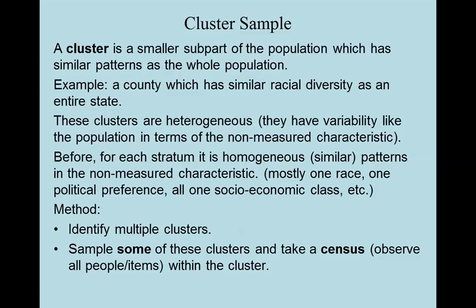This is different than the strata, where each stratum has homogeneous patterns in the non-measured characteristics, such as mostly or all one race, mostly or all one political preference, or all one socioeconomic class, and so on.